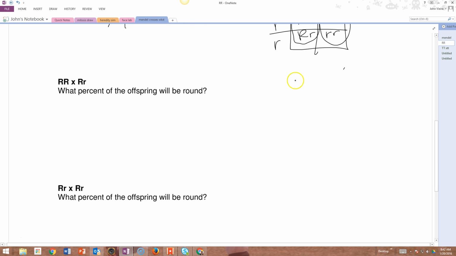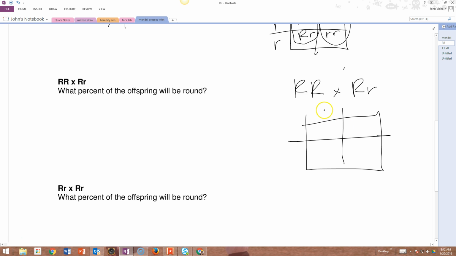If you do it where it's homozygous dominant, however, with heterozygous, those are capital, heterozygous. Homozygous dominant, round. Homozygous dominant, round. Heterozygous, also round. And heterozygous, also round.